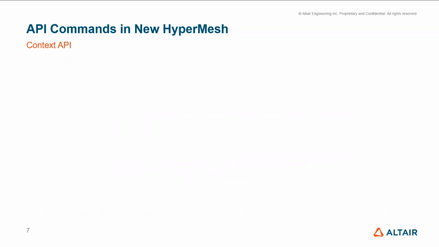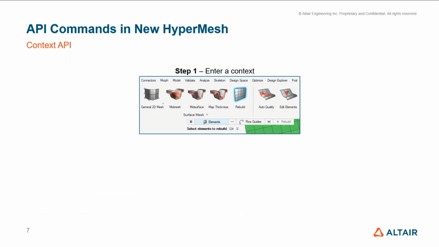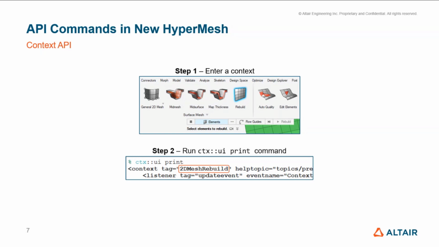You might ask, how do I actually work with this? How do I get the name of the context? Let me guide you through these steps quickly because it might be handy. First of all, you need to enter the context you want to make part of your script. Once the context is active, you can run the CTX UI print command, which will print out the XML DOM definition of your context, so you can see all the information about it, which is also handy for customization in general and understanding how you can create your own context.